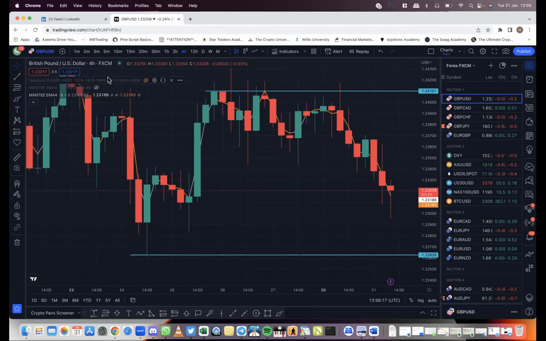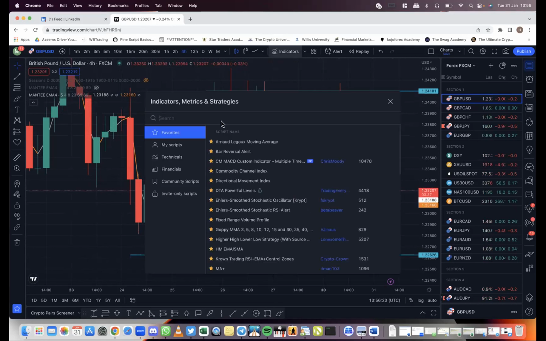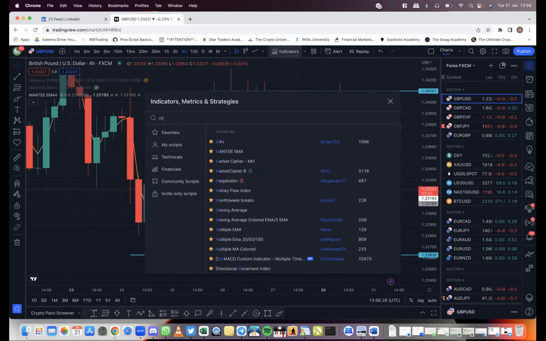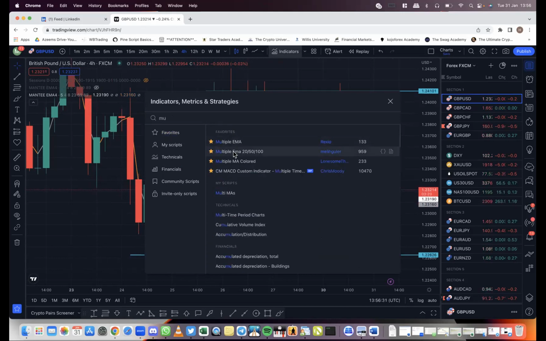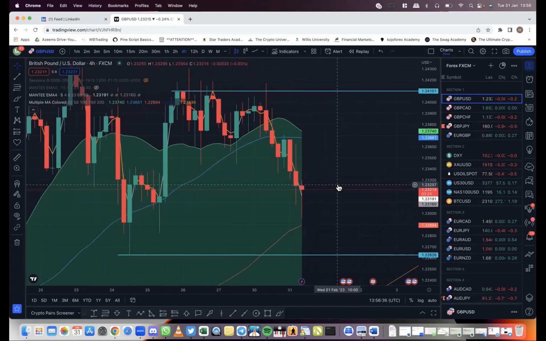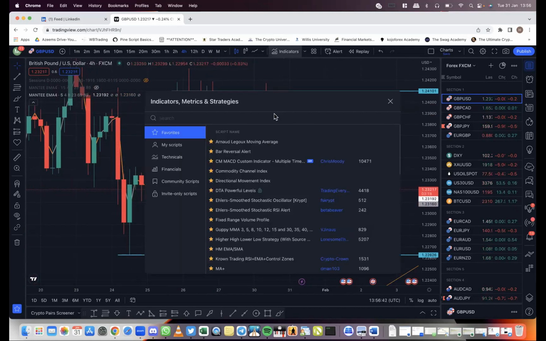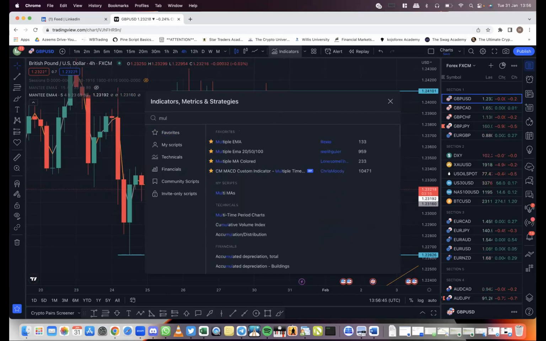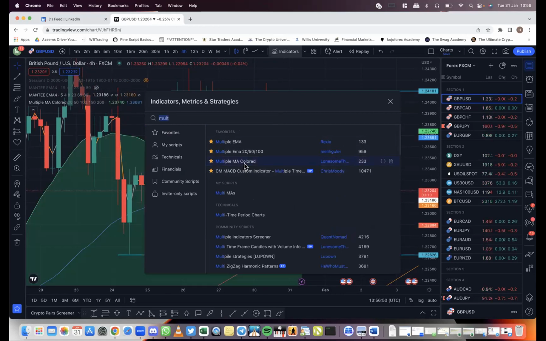Normally, what moving averages do you have in the 4 hour? Is it the 50 and the 20? You have the 50 and the 20. So let's see, let's just pick multiple MAs.